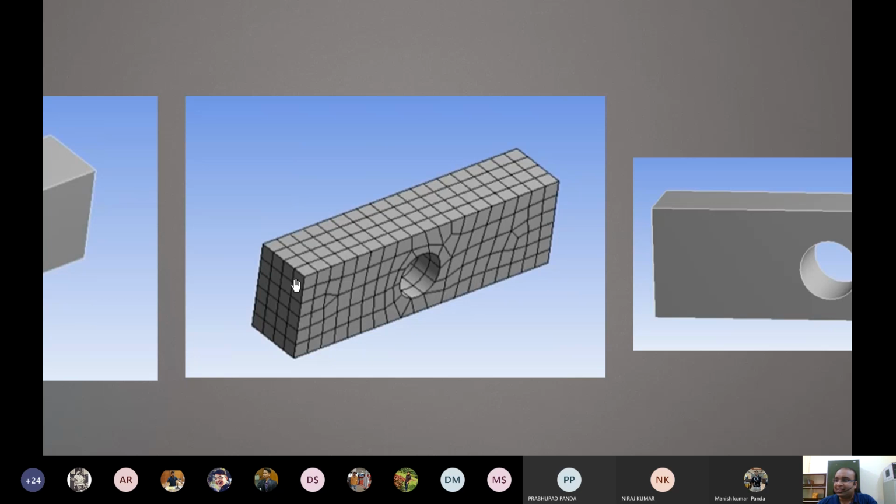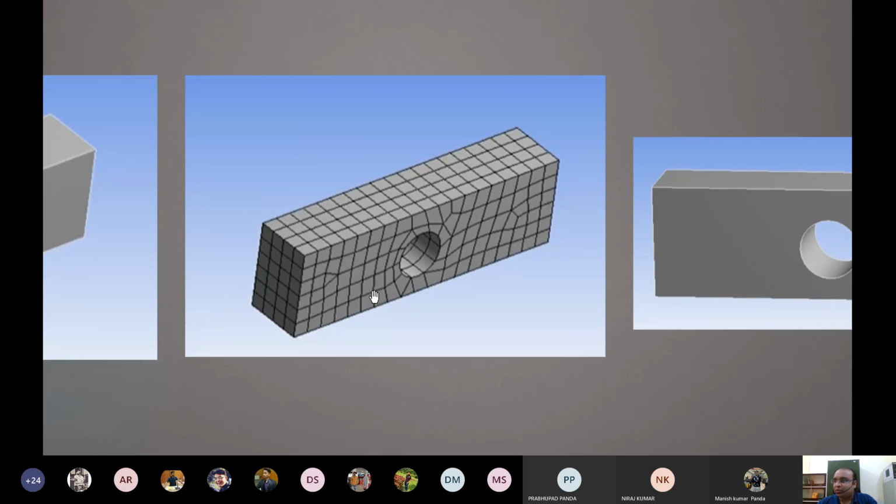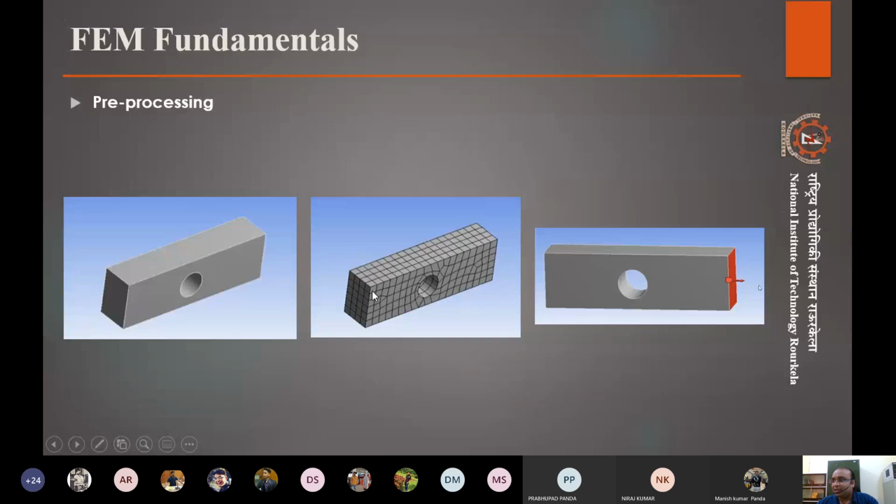Generally, if this is the number of elements in a mesh, and this is the accuracy, it is something on the lines of this. It plateaus at the maximum limit.